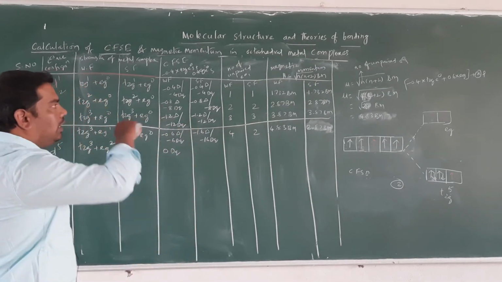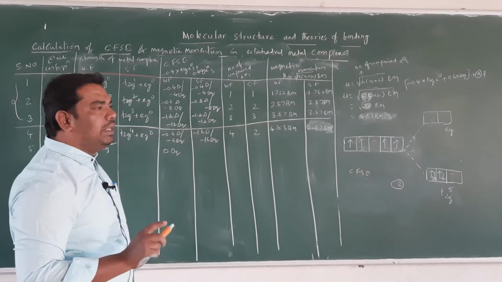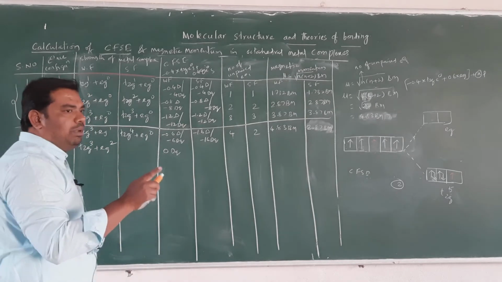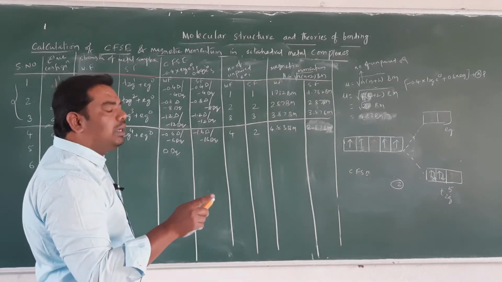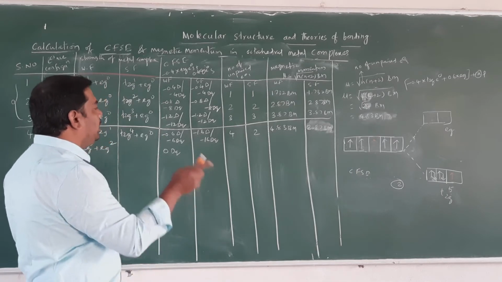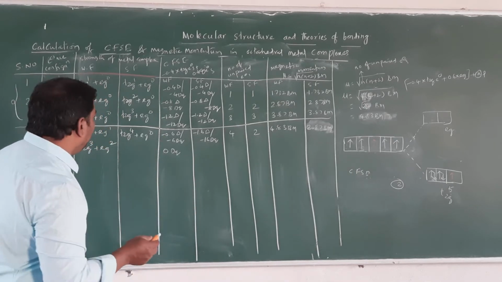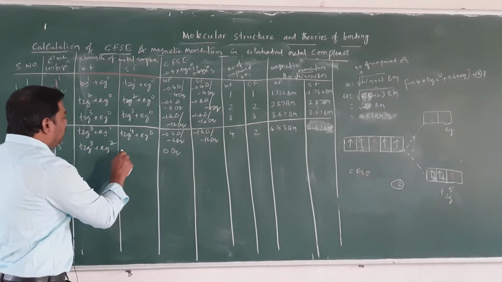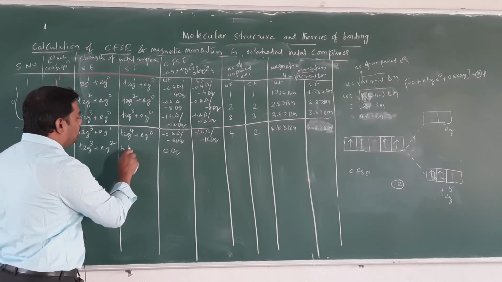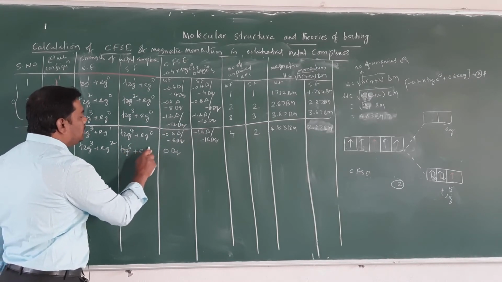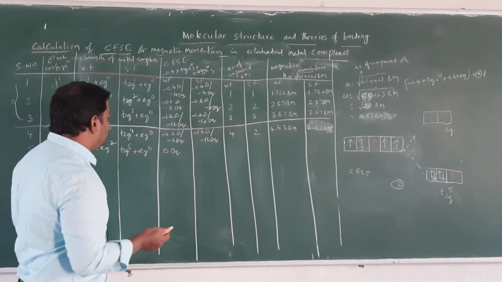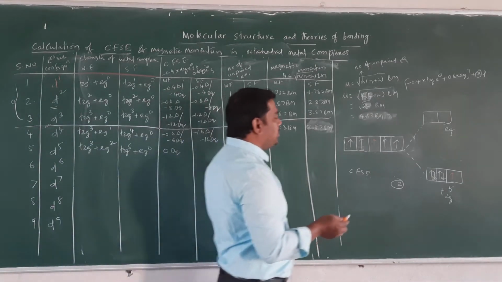So it will give the delta naught value is greater than the pairing energy, which indicates it is a strong field metal complex. Okay, here for the strong field metal complex, t2g5 eg0, there is no electron in the eg orbital.